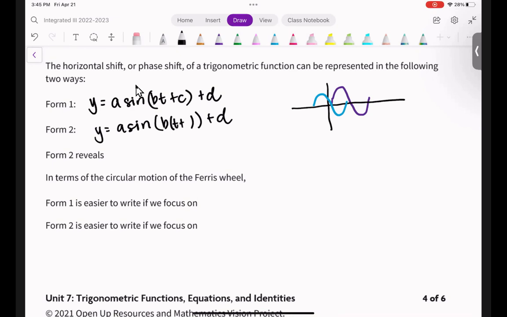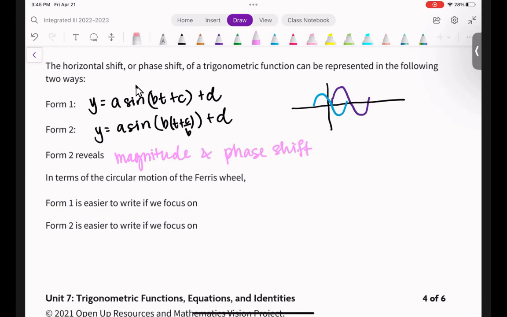So this would look like this. Don't worry about that c over b business. It's just different. So it just depends on what you want it to talk about. So form 2 reveals the magnitude and the phase shift. So how much I need to scoot it over.